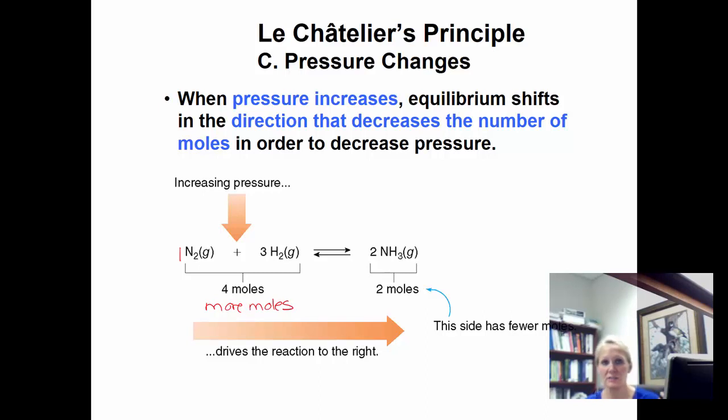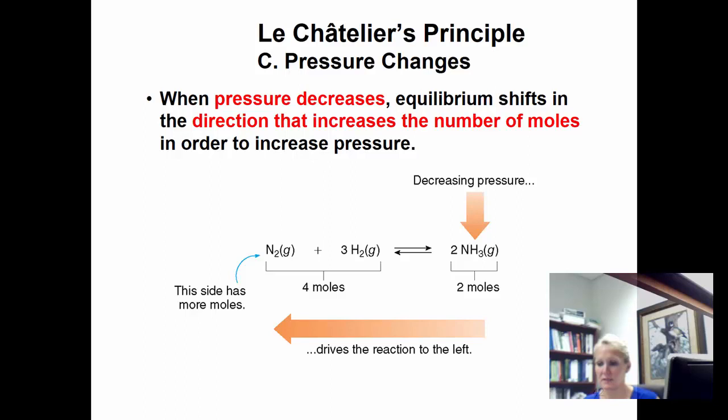If I increase pressure, I'm going to shift to the side of the fewer moles, so that would be this side here, the products. If I decrease pressure, I shift to the side of the more moles. So here's my more moles, I have 4 over 2, so the reaction drives to the side of the more moles. So you just have to remember those.